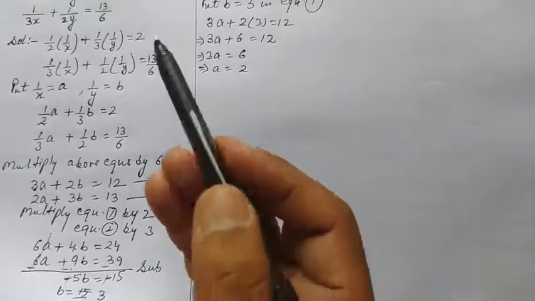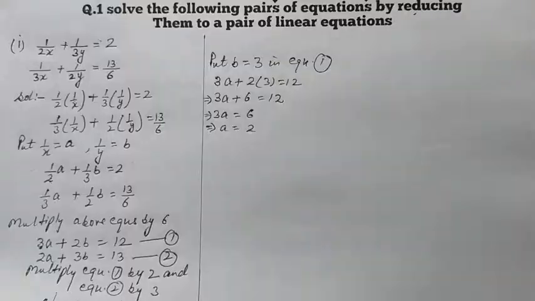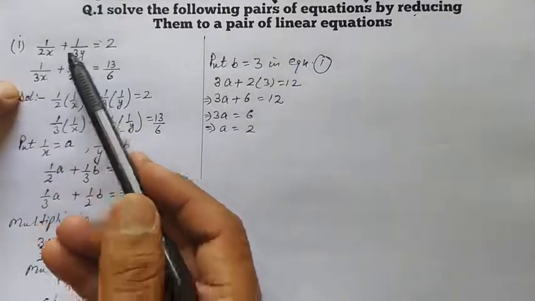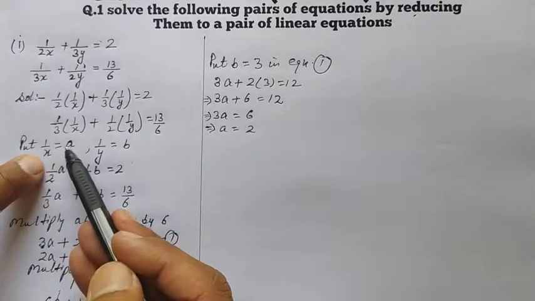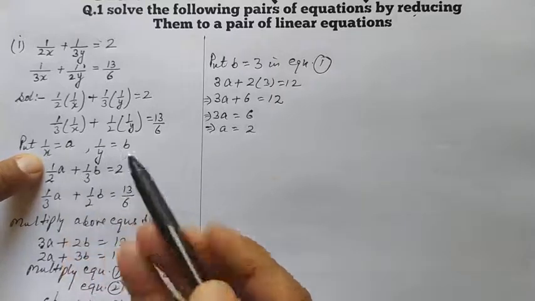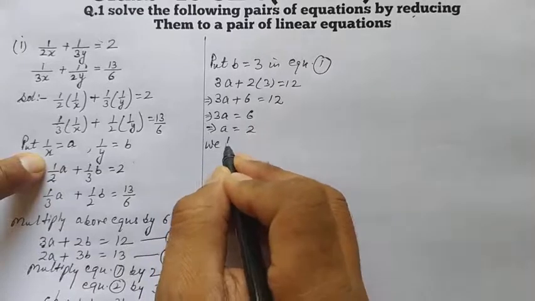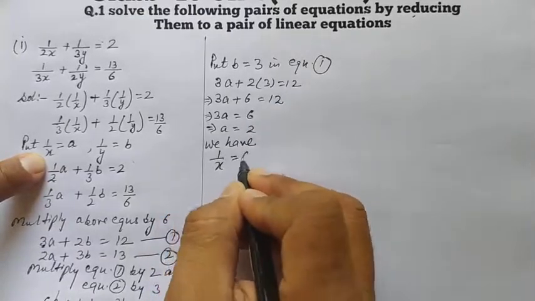Now we are to find the value of x and y, because in the question variables x and y are given here. So we need to find the value of these variables. So what we do here, we'll fill the value of a as 2 and b as 3. So we can get the value of x and y. So we'll write here, we have 1 by x is equal to a.